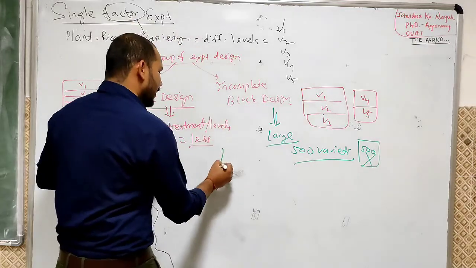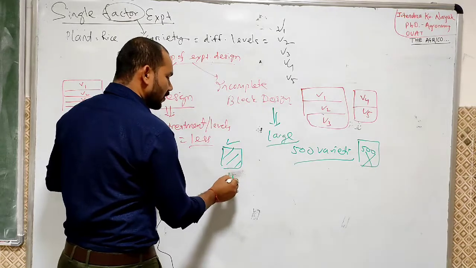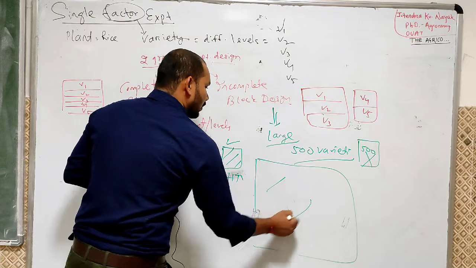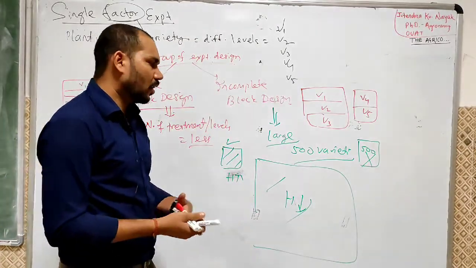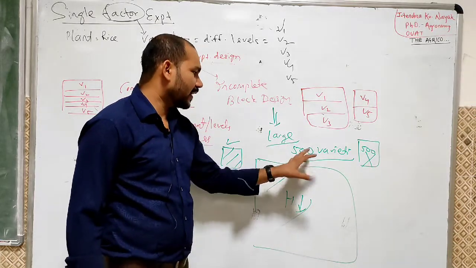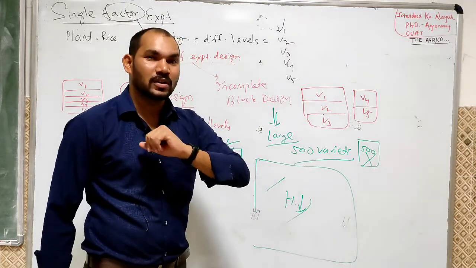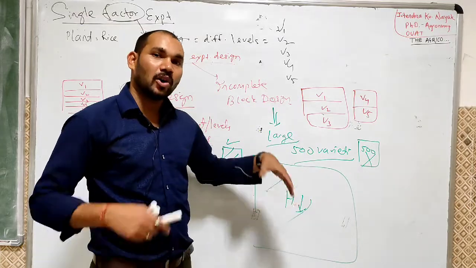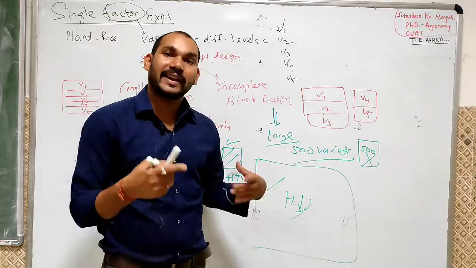Simple thing: if the size is less, the homogeneity will be more; if the plot size is more, the homogeneity will be less. That is why if I want to accommodate all those treatments within one block, it is not possible, because if I put those 500 varieties within one block, automatically the homogeneity within the block will decrease and the heterogeneity will increase.